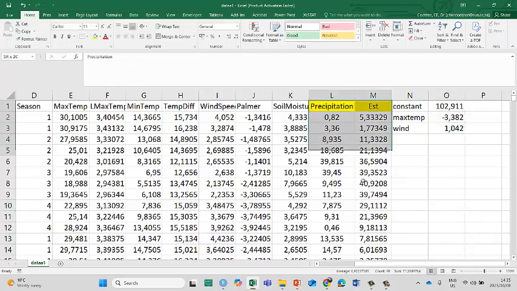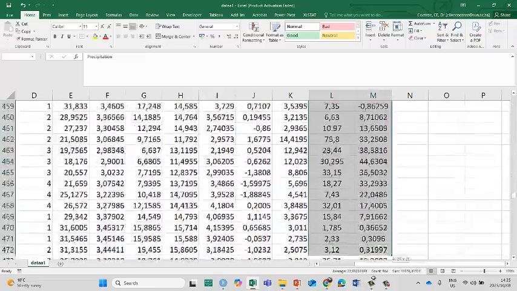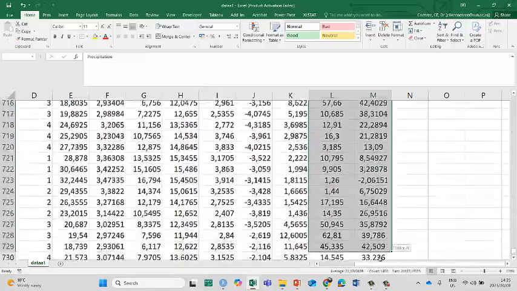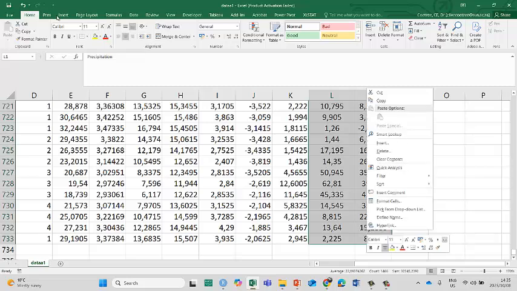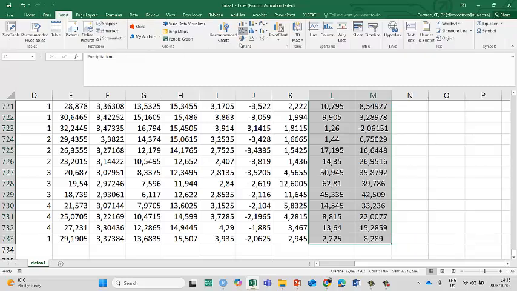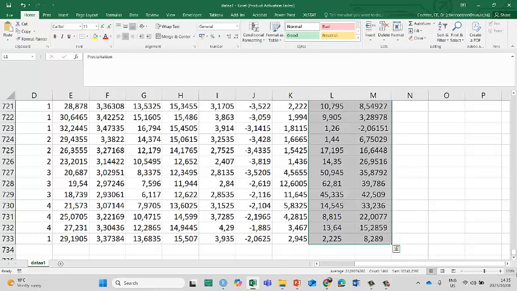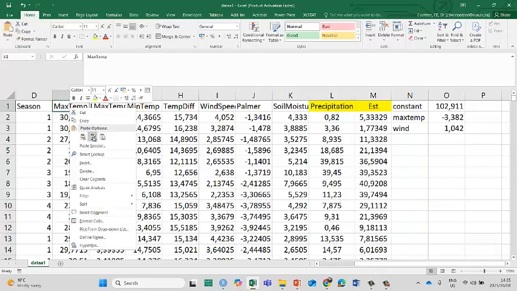So what I can do now is plot the two. Okay, so let's plot them. Insert. And there it is. So let's cut it, move it to the top, paste it in there.